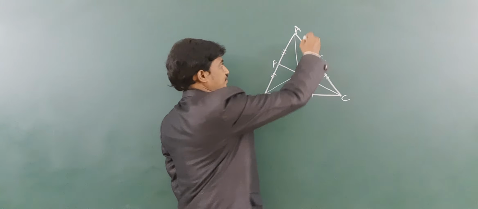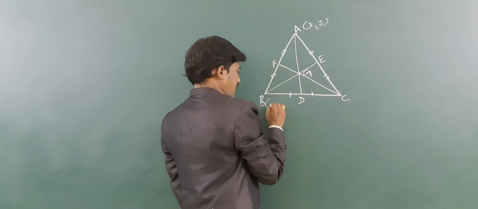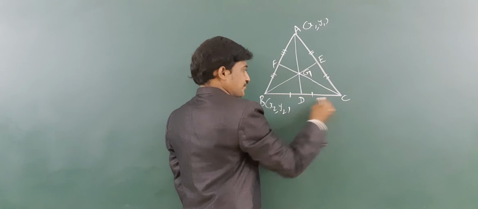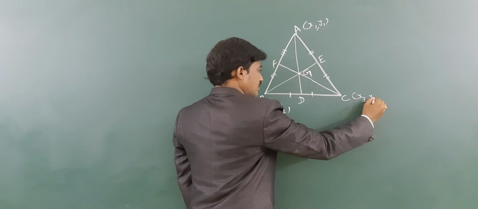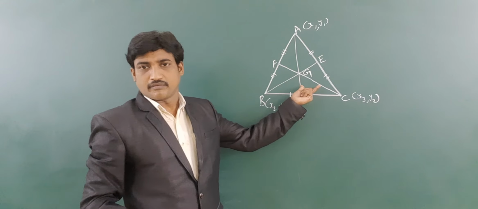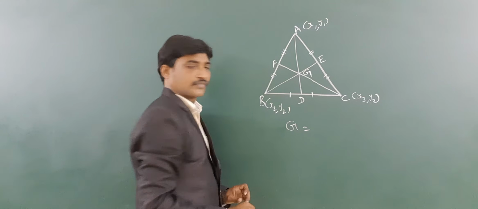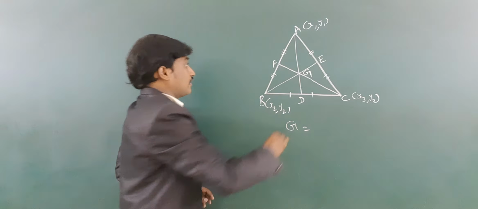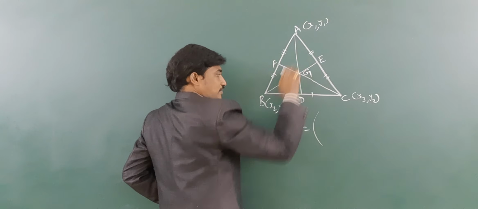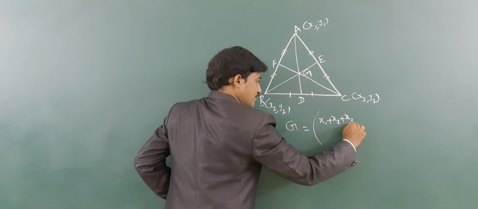If we know the vertices A x1 y1, B x2 y2, and C x3 y3, if we know the vertices of a triangle, we can find centroid Z using the formula x1 plus x2 plus x3 by 3.